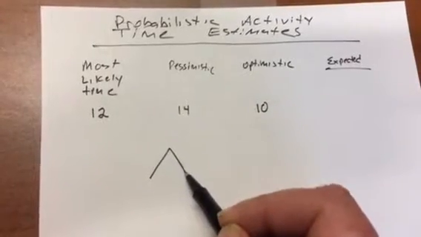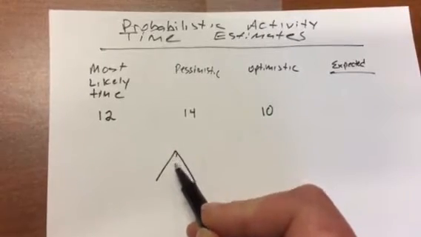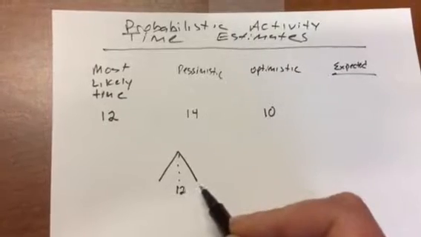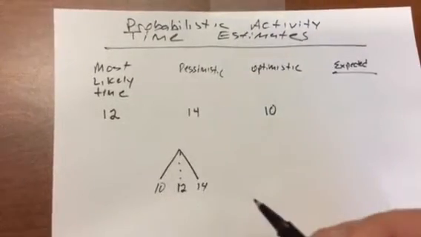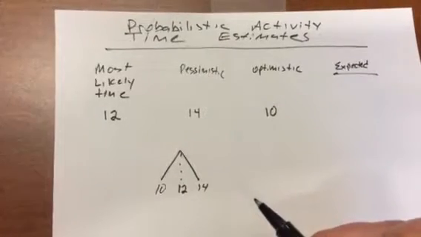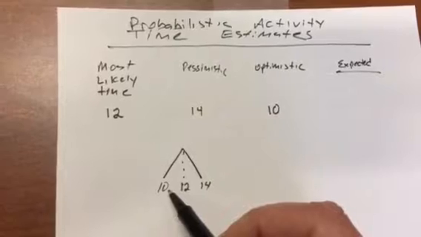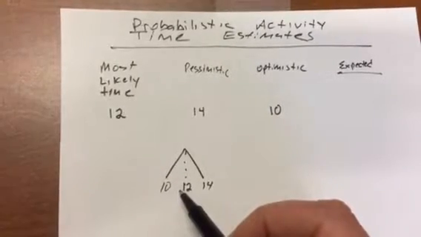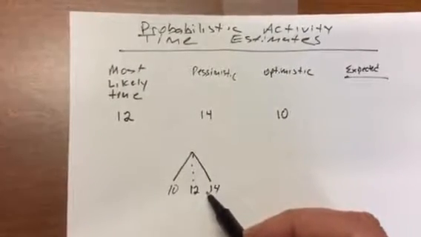Remember, we use a triangular distribution to estimate these activity times, and 12 is the midpoint. We've got 14 here and 10 here, so it's completely symmetric. There's just as much chance of being 10 as there is of 14, just as much probability of being 10 and a half as 13 and a half, so the expected time there is going to be 12.